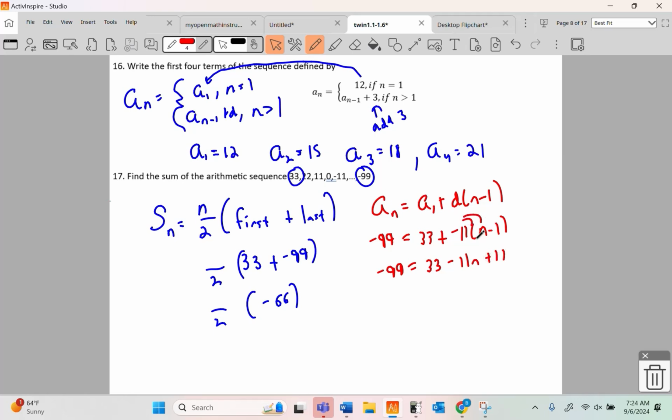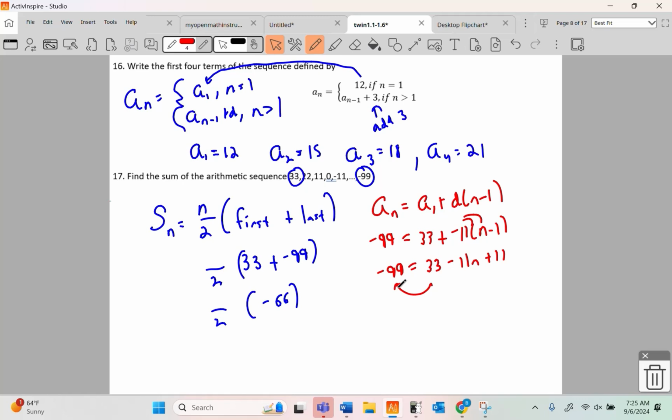And if I take 33 away from negative 99, I get negative 66. And if I take another 11 away, I get negative 55. Something seems wrong with this. Oh, because I'm doing my math wrong. That's what's wrong with it. Supposed to take that away. That's negative 132.